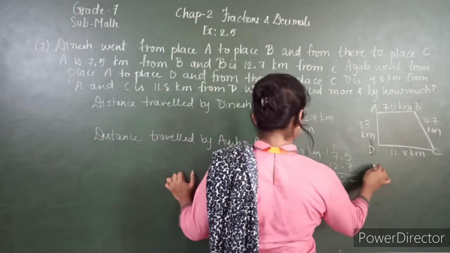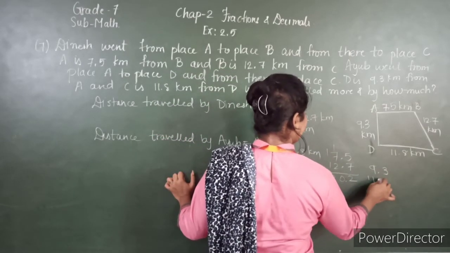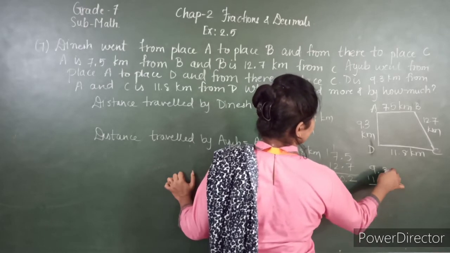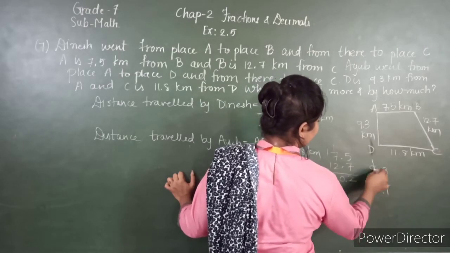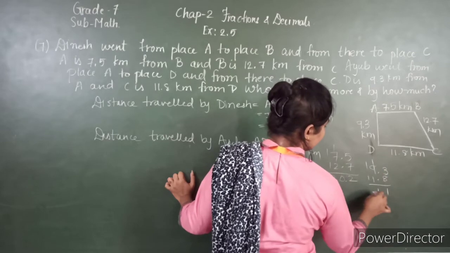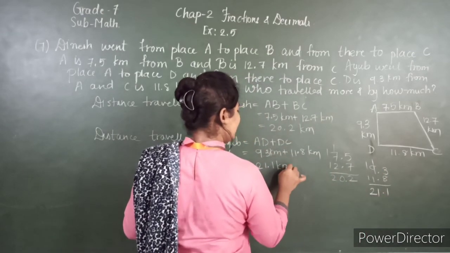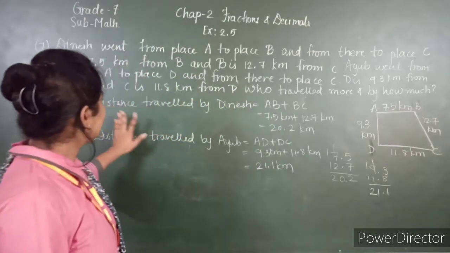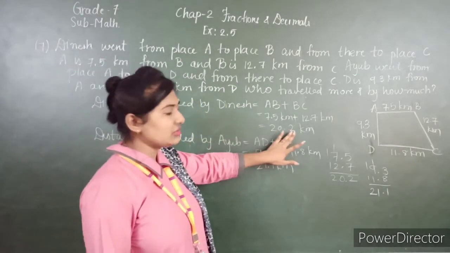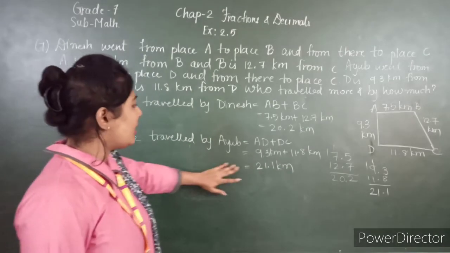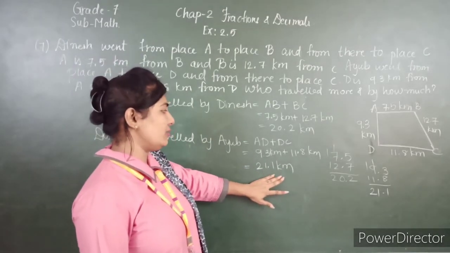Now add this 9.3 and 11.8. So it is 21.1 km. So your distance travelled by Dinesh is 20.2 km and your distance travelled by Ayub is 21.1 km.